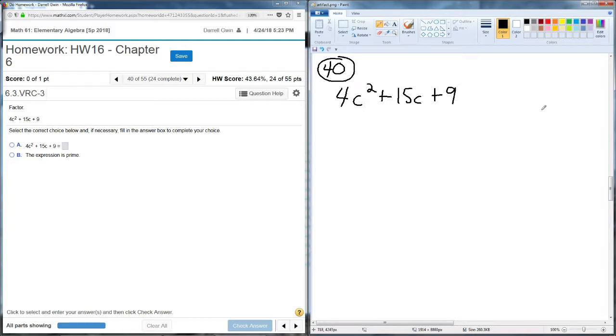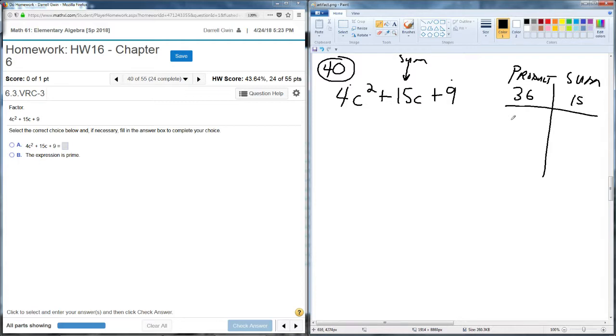So what we have here is a product and the sum. The product is 4 times 9, which is 36. The sum is the b, which is 15. What times what is 36 and adds up to 15?